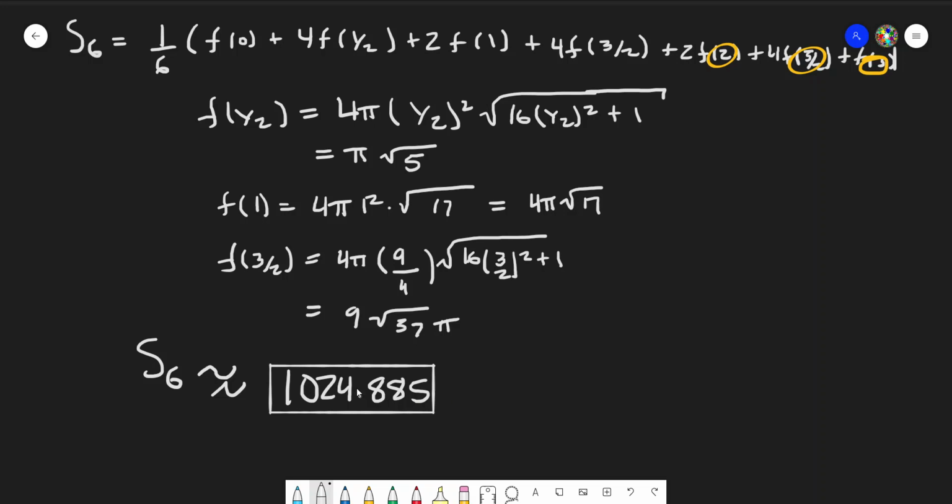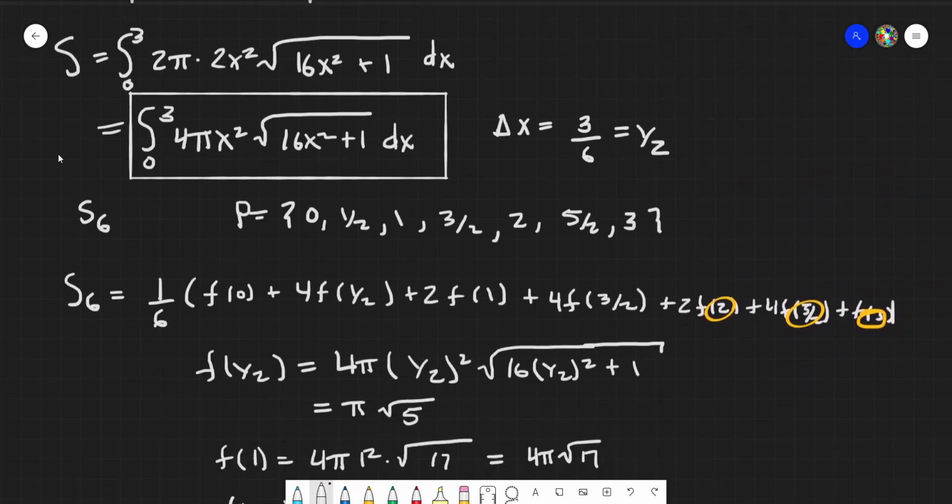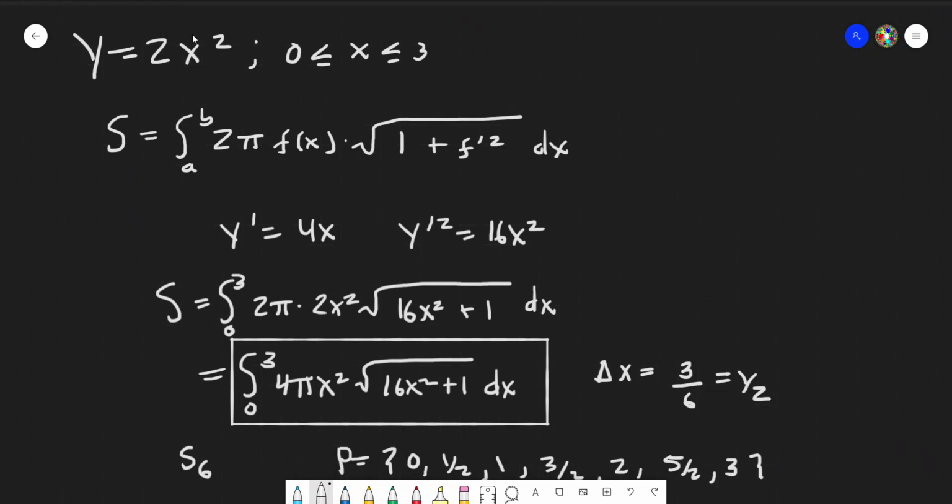But notice that this would be in units squared, because the original problem started with finding the surface area generated by this function rotated with respect to the x-axis.